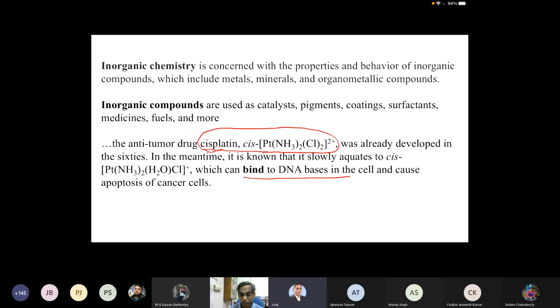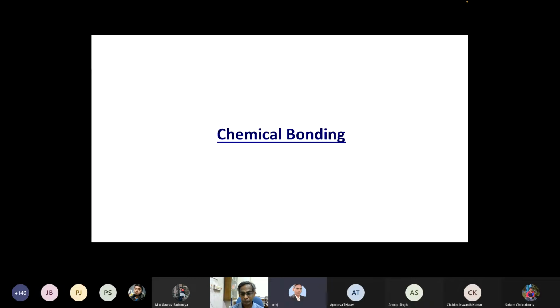Okay, can you see that now? Cisplatin. Yes, sir. Okay, we are not going to study cisplatin now, right? This is an example. There is a delay. I don't know, the network is giving trouble.